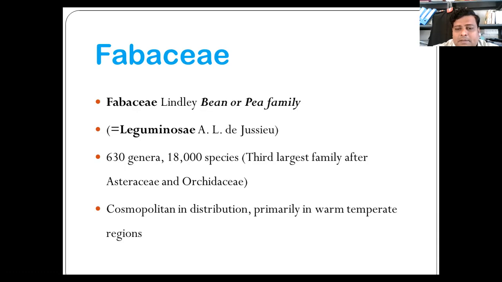The common features of the family include leaves usually compound with pulvinate base, odd sepal anterior, flowers perigynous, carpel one with marginal placentation, and fruit commonly a pod or lomentum. There are about 440 genera and 12,800 species. We already discussed that.